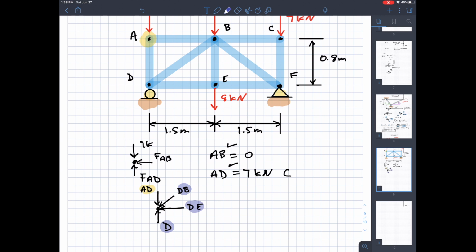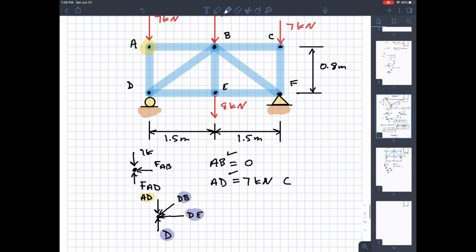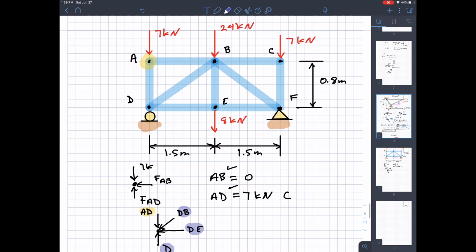So I would move on, okay? And if you carefully look at all the other nodes, hopefully you can see some symmetry. If we solve for the left half of the truss forces, the same answers are going to apply in the right half just because this is symmetrically loaded, okay?